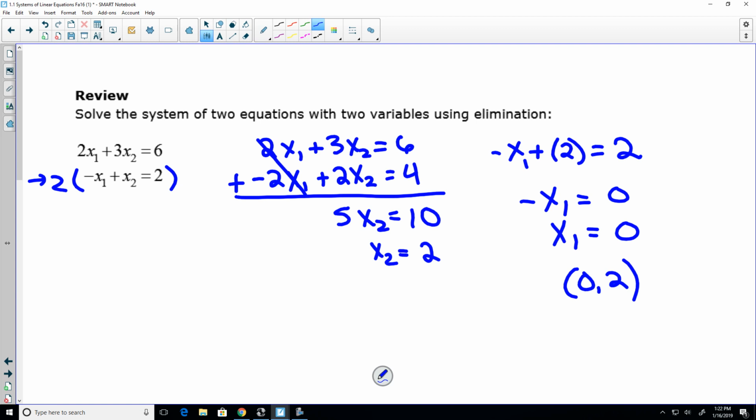Because it's all addition. Like if we were to graph the solution. That's not graphing. I'm talking about just stacking them up like this and adding them. Why does that work?